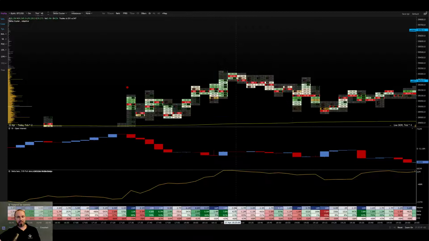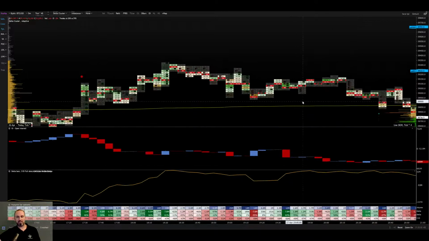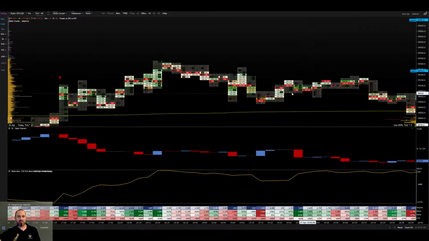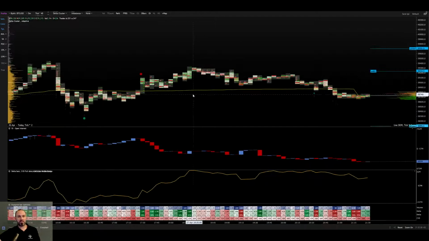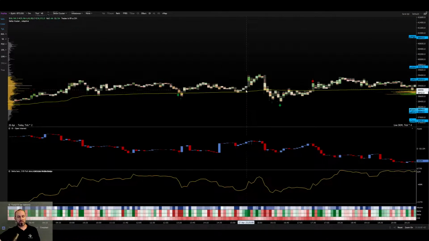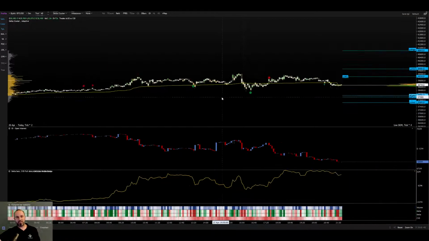We can see starting with 4, 2, 3 million, and then we start to see increases: 25 million, 14 million, 14 million, and so on. So the price is actually pushing to the downside with increases in volume and selling imbalances. This is pretty much what you want to see in this kind of situation.